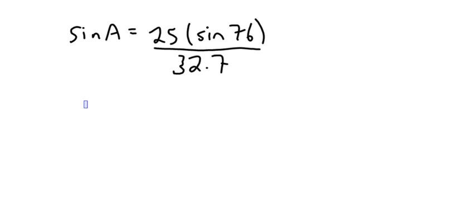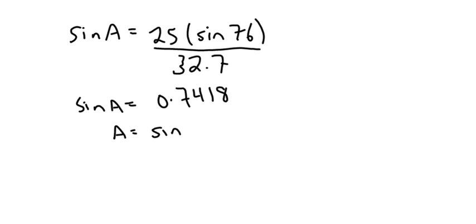So I know that sine A is equal to 0.7418. And then to solve for A, I need to inverse sine that decimal. So in my calculator, I get 47.9 degrees.